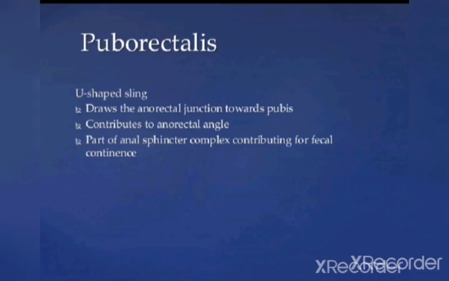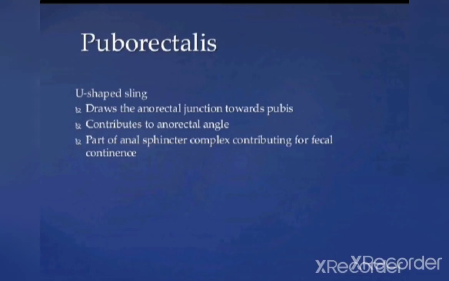It draws the anorectal junction towards the pubis, contributes to the anorectal angle, and is part of the anal sphincter complex, contributing to fecal continence, actually not incontinence. It is responsible for these things.